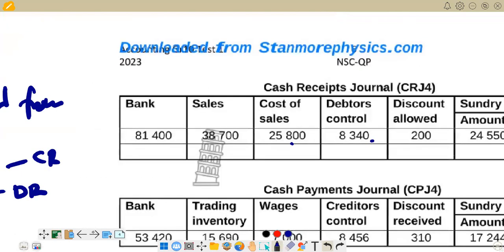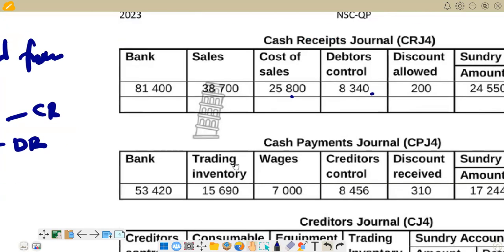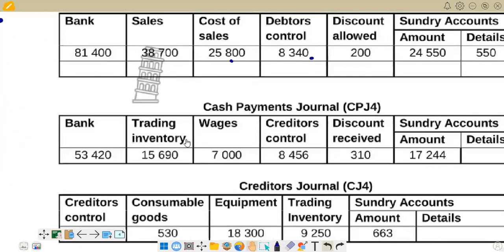Right, next now from the cash receipts journal, we are going to the cash payments journal. Remember, we are looking at information that is affecting the debtors control and the trading inventory. So here you see that we have a column that we are using for trading inventory. There we have 15,690, and when we are recording this one, remember we are buying stock here.